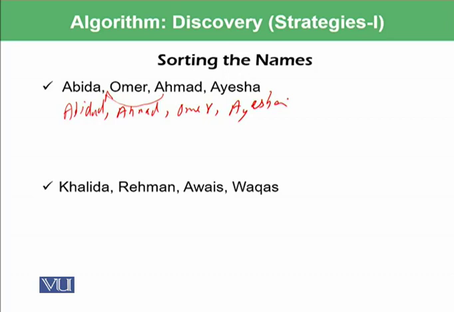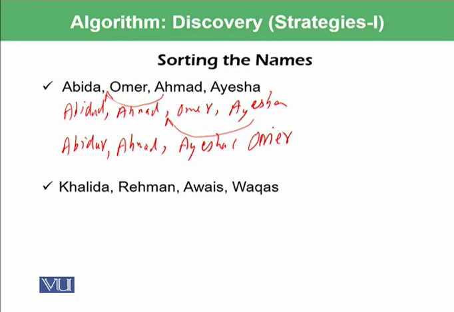The next step would be putting Aisha between Ahmad and Umar. So this will become Abida, Ahmad, Aisha, and Umar.